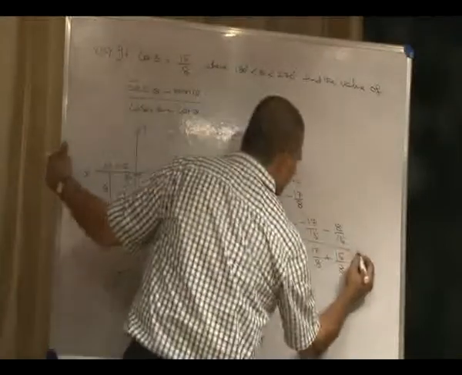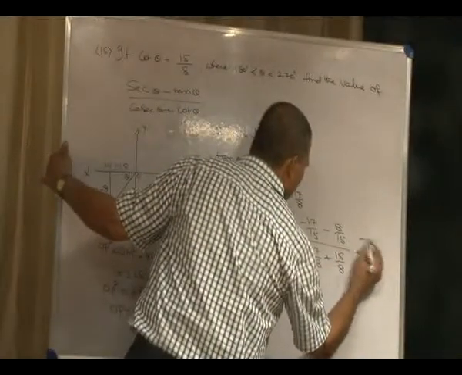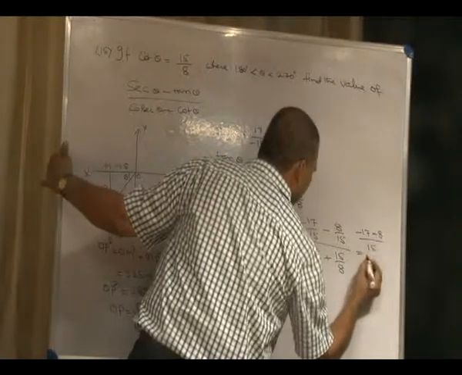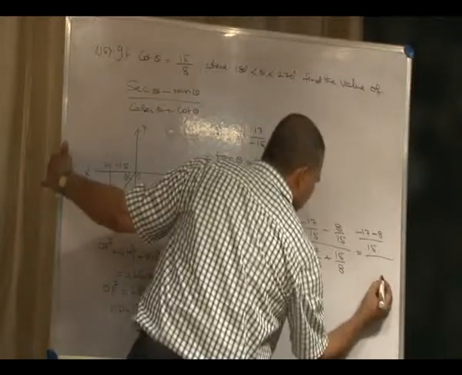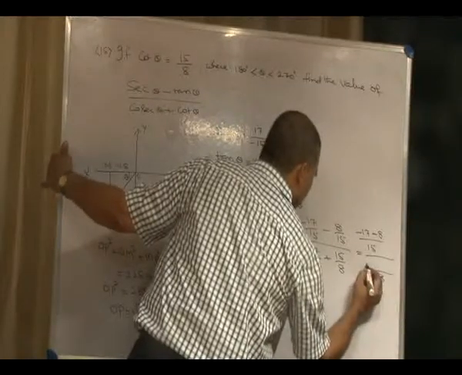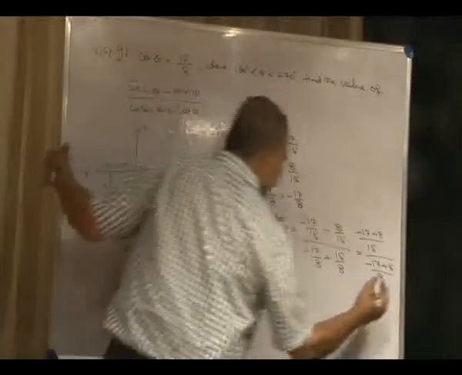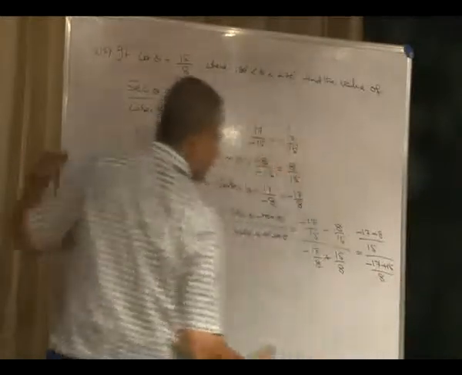The LCM of 15 and 15 is 15. In the numerator, minus 17 minus 8. Here 8 and 8, LCM is 8, that is minus 17 plus 15.